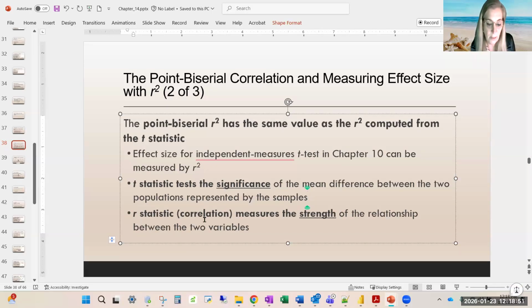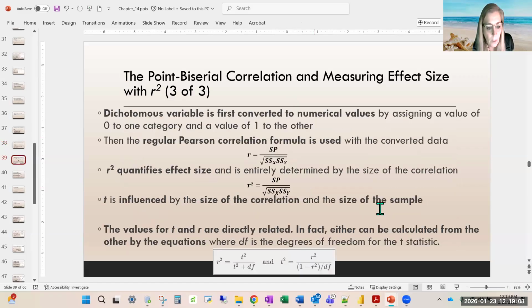The R statistic correlation measures the strength of the relationship between the two variables. So pay attention to what the difference is here. We're looking at significant differences versus how much they are related to each other.